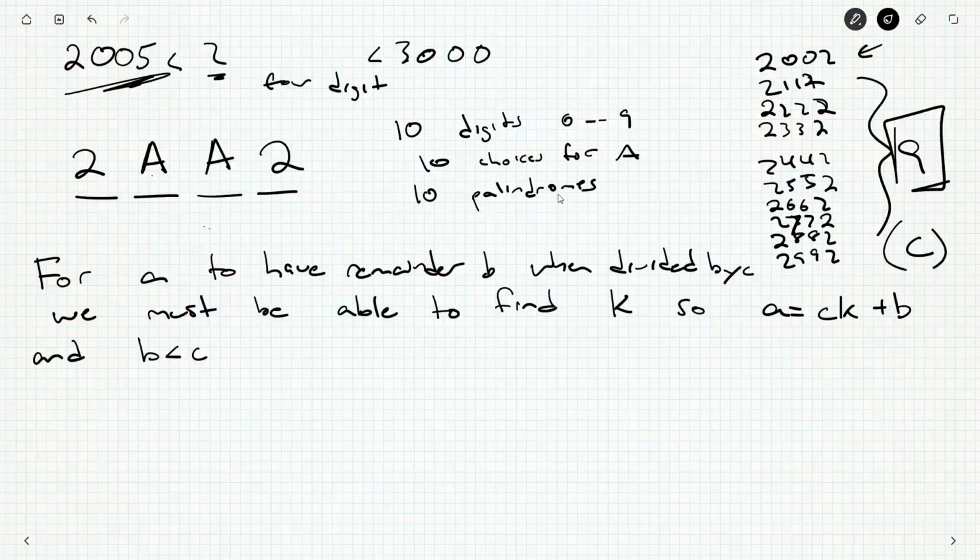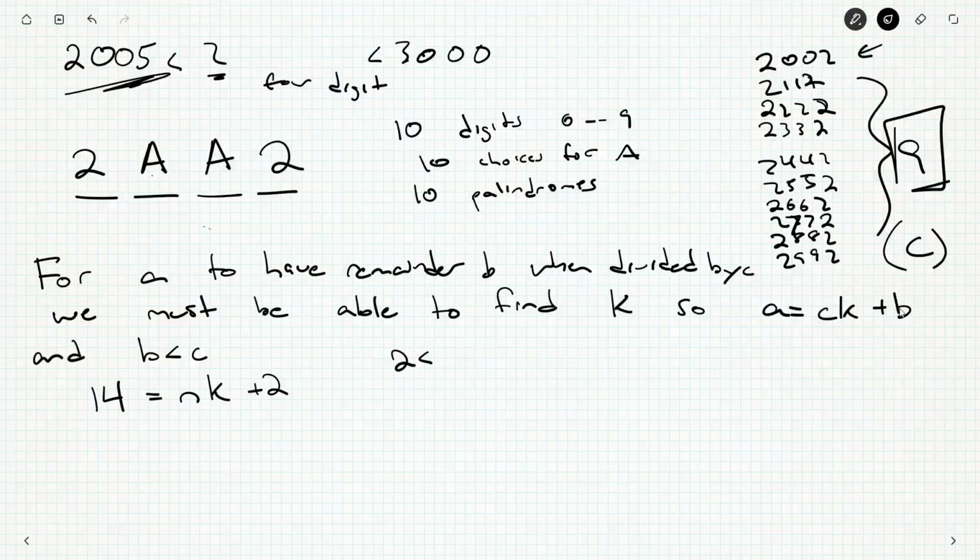You don't ever divide by 7 and have a remainder of 1006. It's always less than. And if b happens to be 0, then you have no remainder, and a happens to be a multiple of the number.